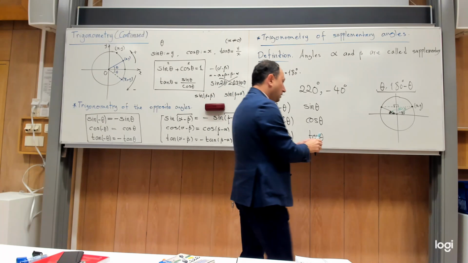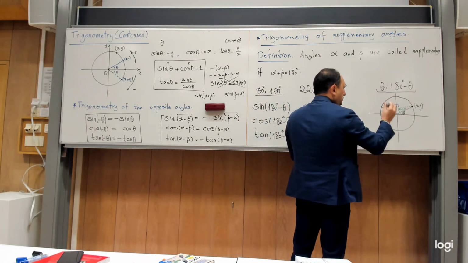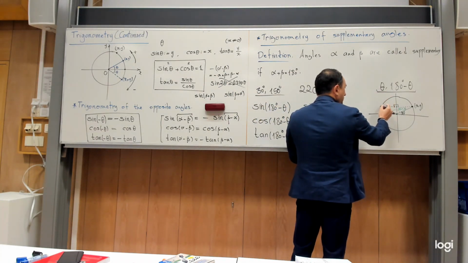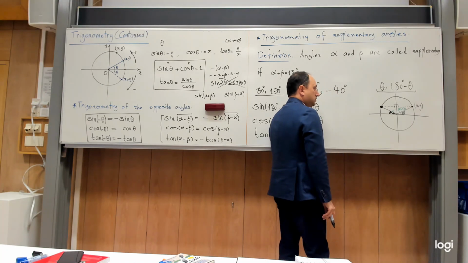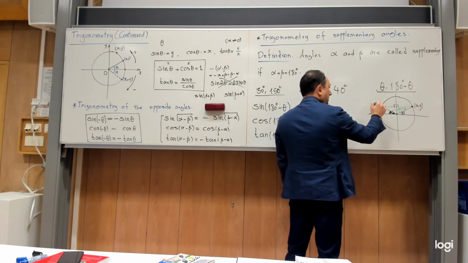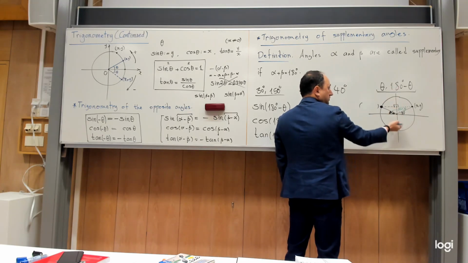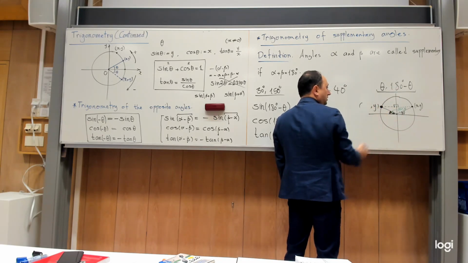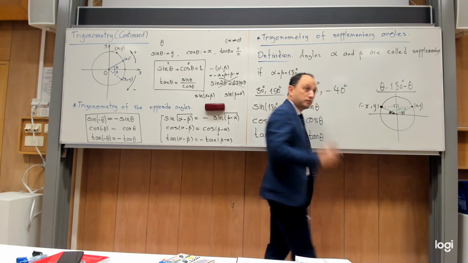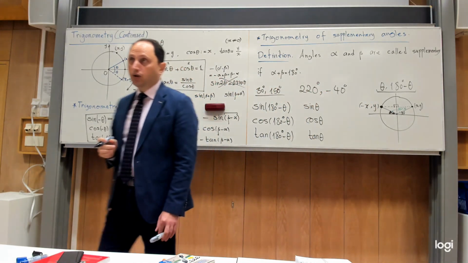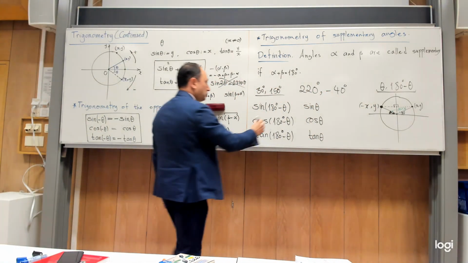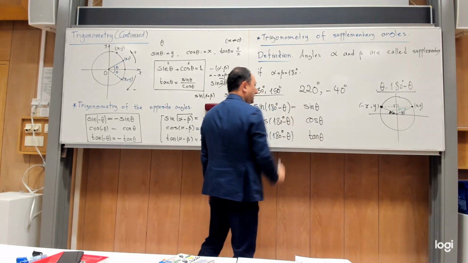Okay, now the only thing that you need to do is to read the coordinates of this. The coordinates of this. So what are the coordinates? It's clear that the y value is the same, but the x value is minus x. Is that understandable? Okay, and then you can discover the formula. So what would be the relation between these two?